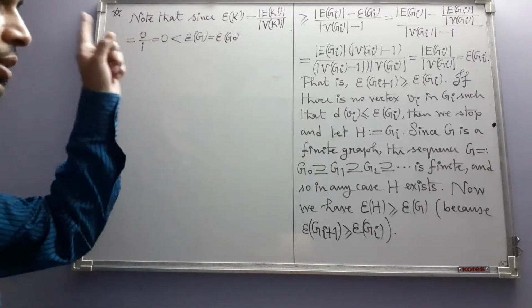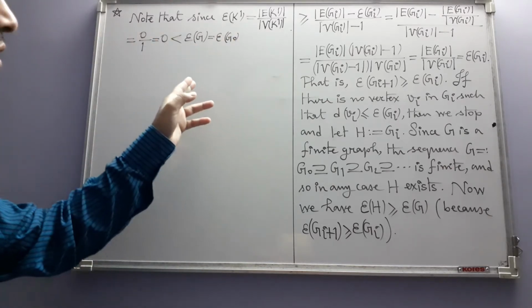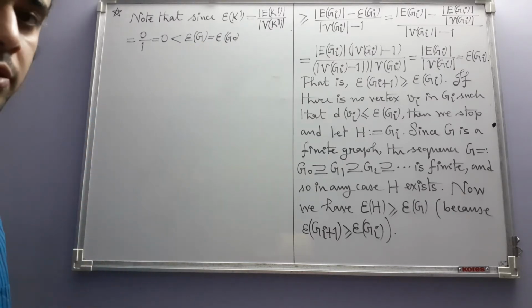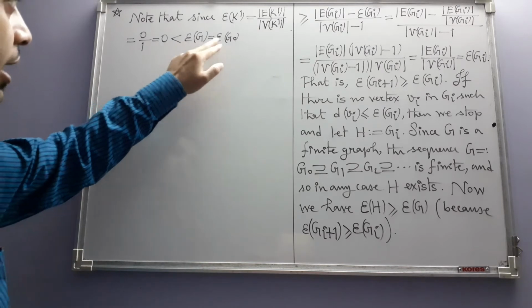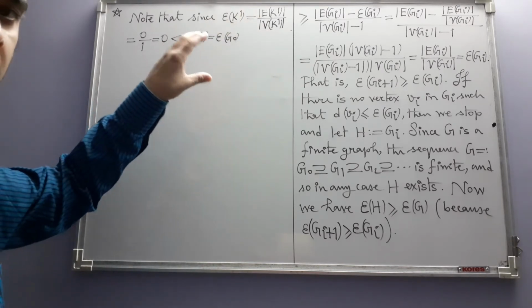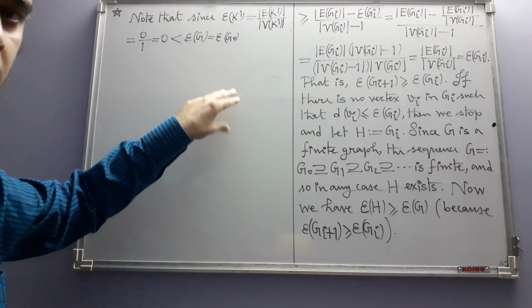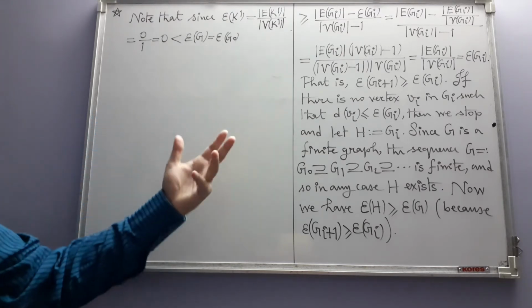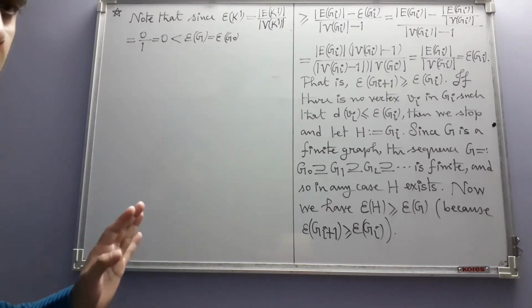Why? Because it's given in the hypothesis that G is a graph having at least one edge. So if we write the corresponding formula for epsilon of G, we would be dividing the number of edges in G by the number of vertices in G. So in the numerator, we will have a positive integer. We won't have 0.